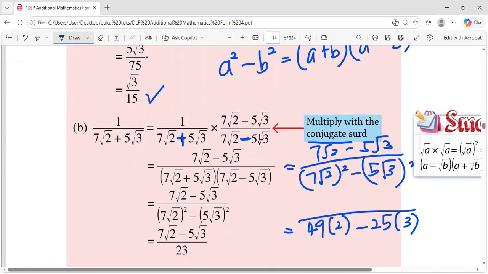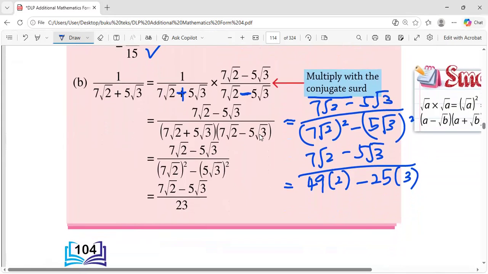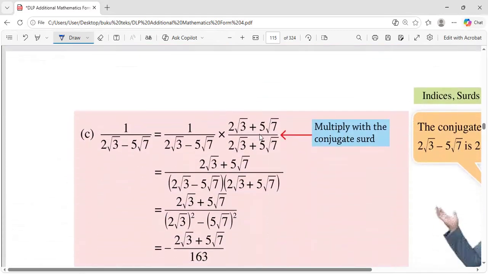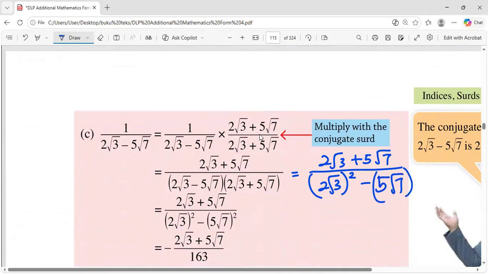Okay, after that, you just copy it for the numerator, and then you will get the answer by using the calculator. Just leave the answer. Make sure the denominator becomes a number. The second one, same thing. You just copy the same thing for the top. And then this one will become 2 surd 3 square minus 5 surd 7 square, because this one is negative, this one is positive.